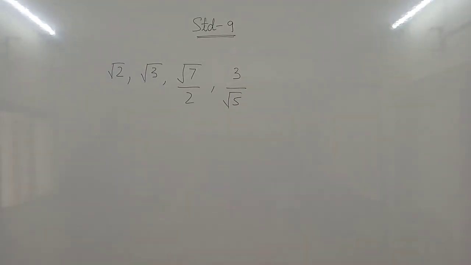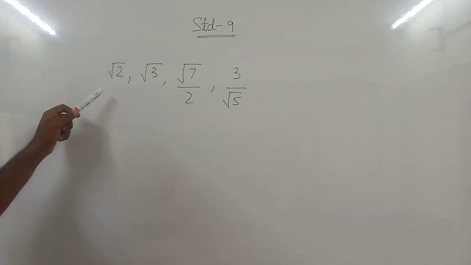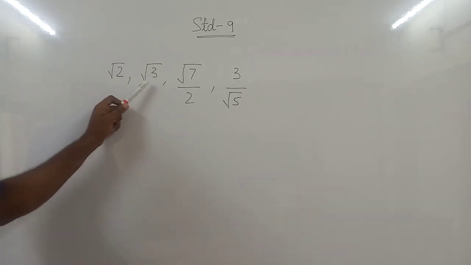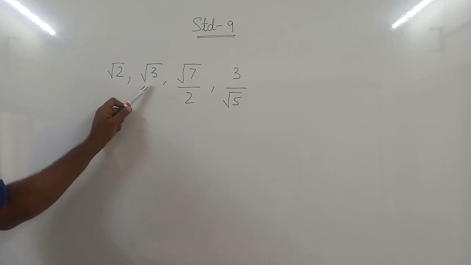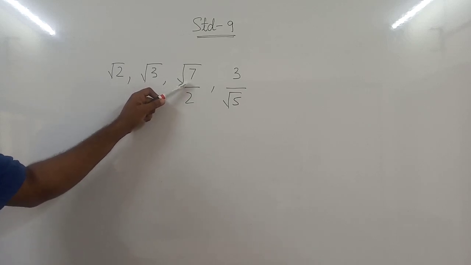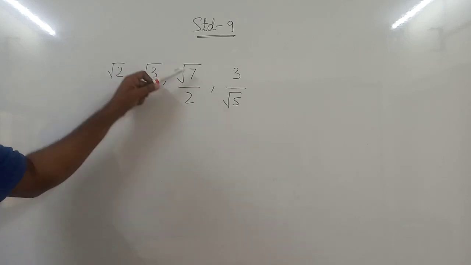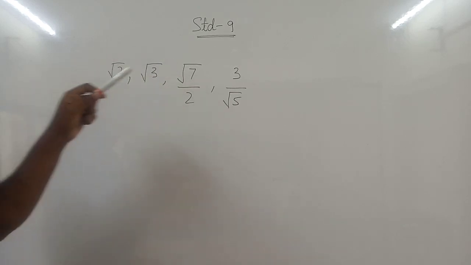Because root 2 gives me a non-terminating, non-recurring decimal. Root 3 gives me a non-terminating, non-recurring decimal. Root 7 gives me a non-terminating, non-recurring decimal. So even when I divide by 2, it still remains a non-terminating, non-recurring decimal.